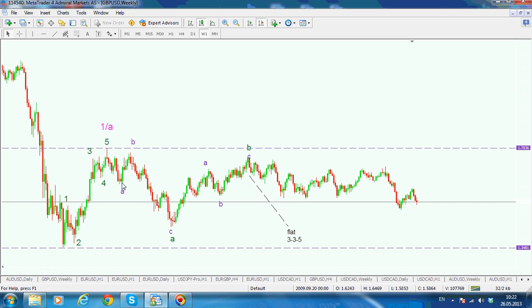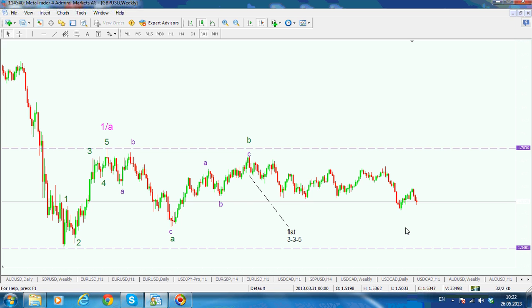You have 3 ABC, 3 ABC, and then we are looking for 5 waves to the downside. Now you might say, well, there's no way on earth that this move from the highs here, from the B, has 5 legs.